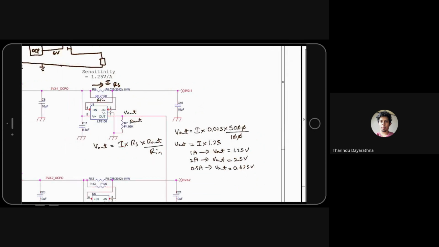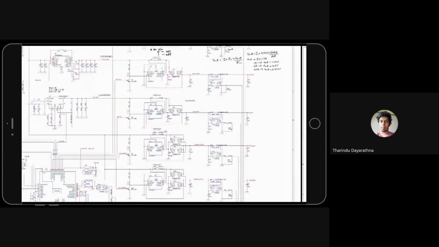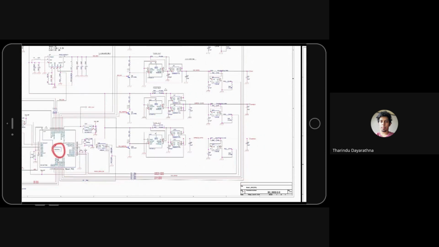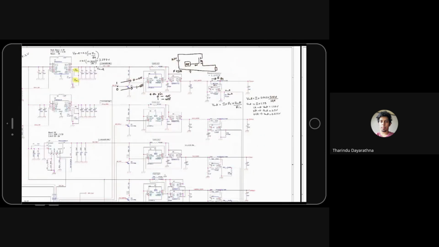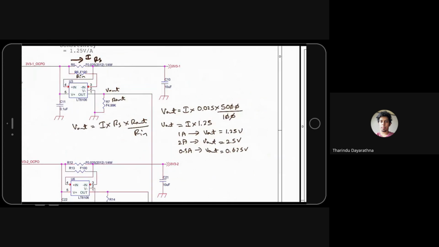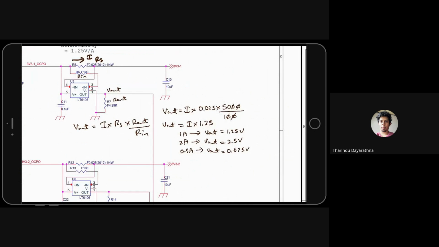That voltage output will go to one of the analog input pins of this PIC. The PIC will measure the voltage. Depending on this relation, we can get the current flowing in that path. Understand? If you don't understand, please tell.